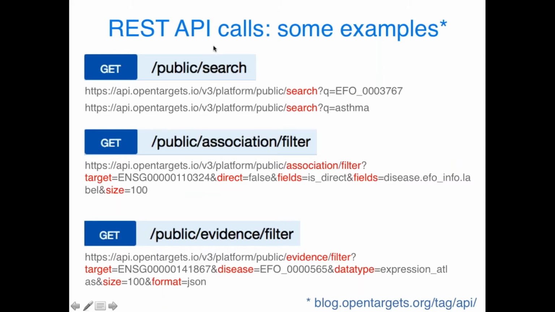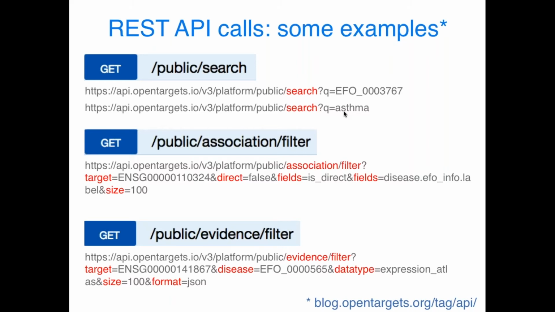Perhaps the best way to start with our calls is with the public search endpoint, and this endpoint is particularly useful if you don't know the ID of your disease or the ID of your gene of interest.